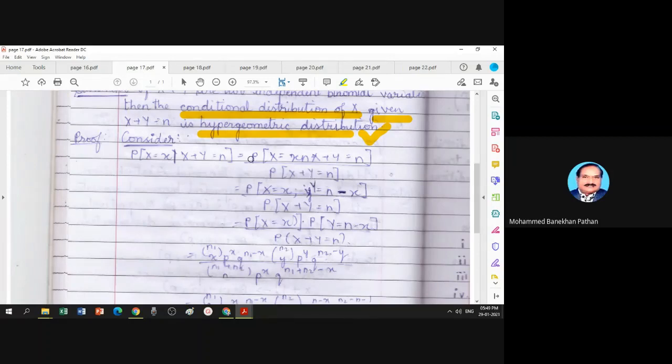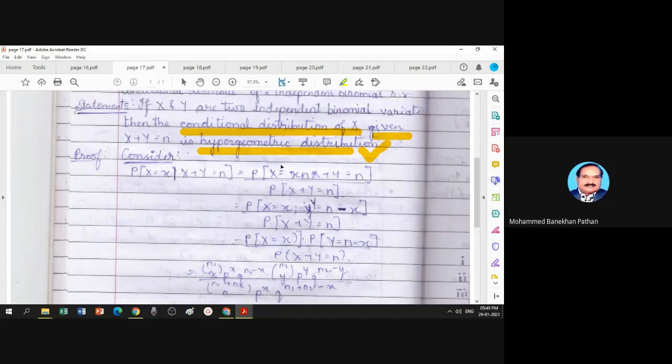So I use that: probability X equal to small x intersection, or you can write a semicolon, doesn't matter, X plus Y equal to n, total, divided by probability X plus Y equal to small n.